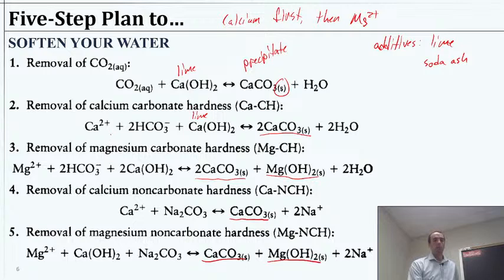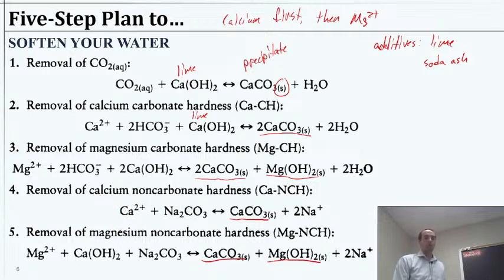So once we've removed all the calcium that we can, given the existing bicarbonate, then we could go on to remove magnesium from that. Now, if that was the case, we would not have any calcium non-carbonate hardness, and so this step would essentially not even be there because there wouldn't be enough calcium to do anything with.